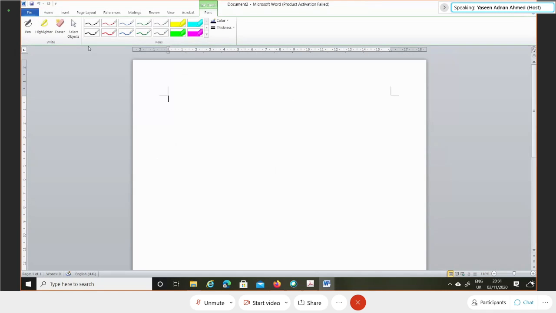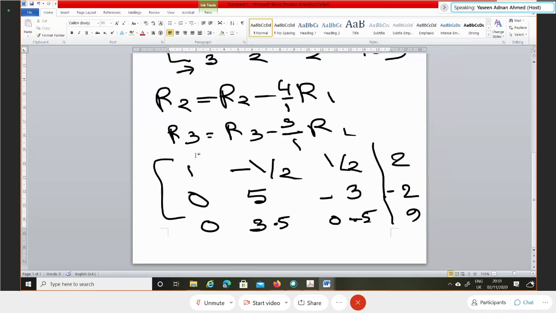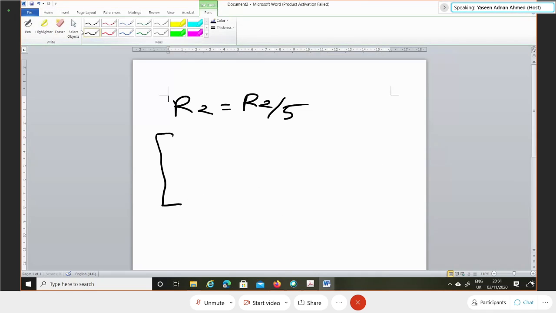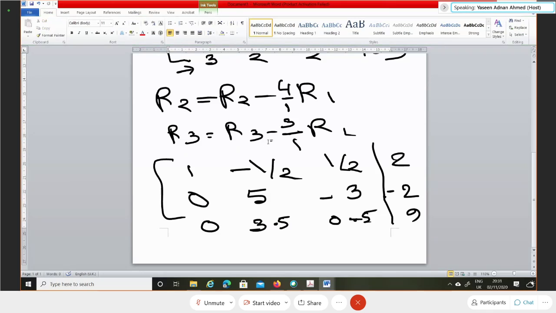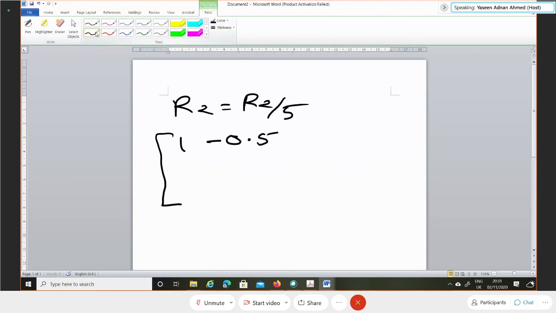So your R2 will be R2 by 5. What you will get, I'm not changing the R1, so that should be 1. Maybe I just write fraction, it should be okay. If you don't want to write fraction, you can write in division form, it's also okay. 0.5.